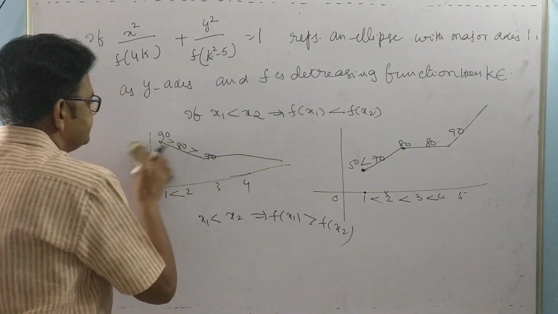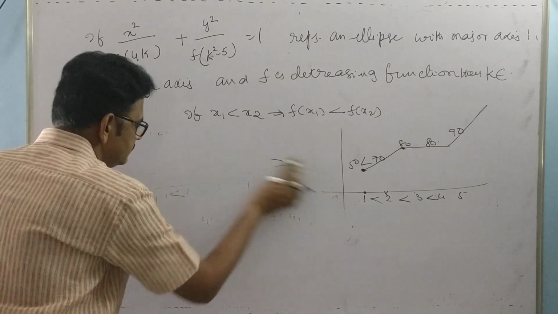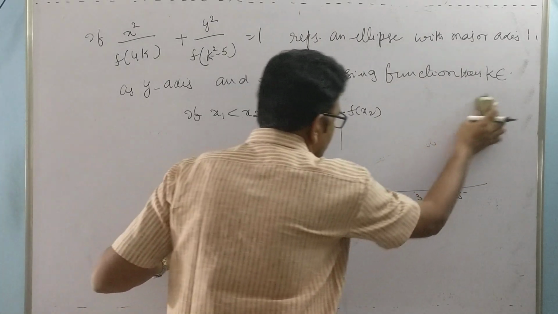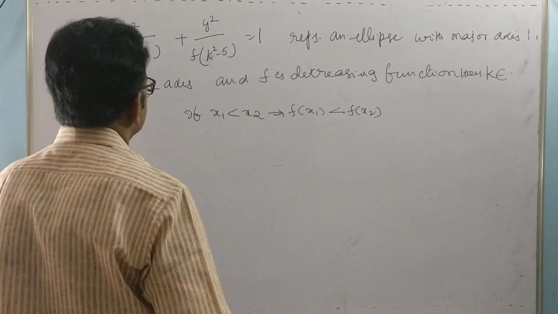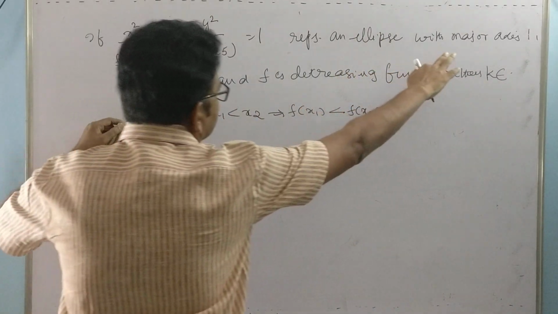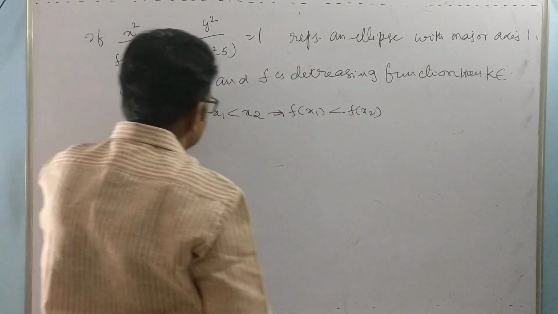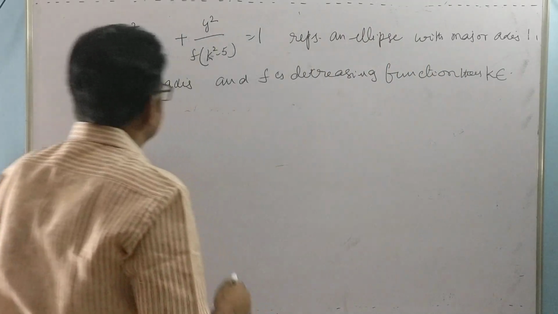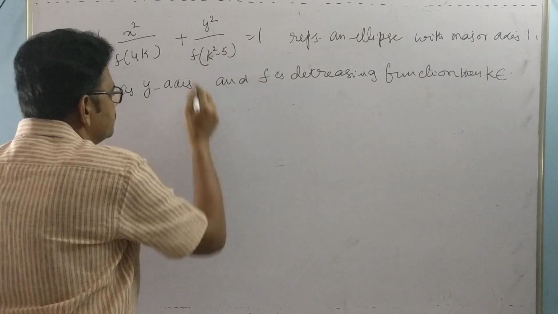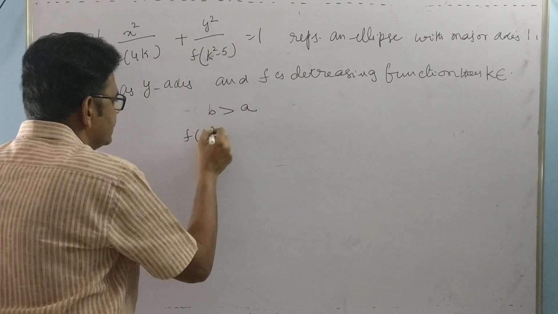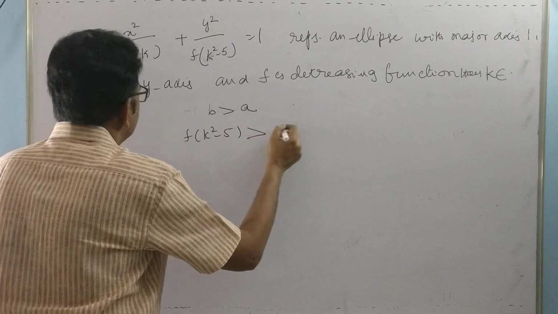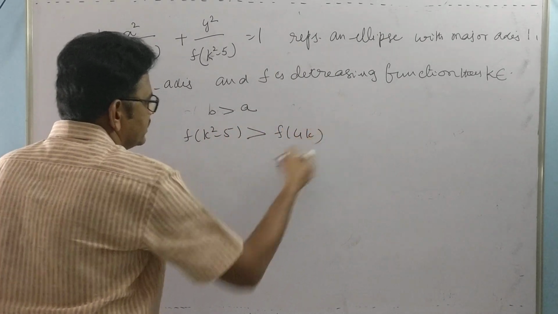Now what is given? Given ellipse with major axis as y-axis. First you can see here the major axis as y-axis means b greater than a. b means f of k square minus 5, a is f of 4k, so f of k square minus 5 is greater than f of 4k.